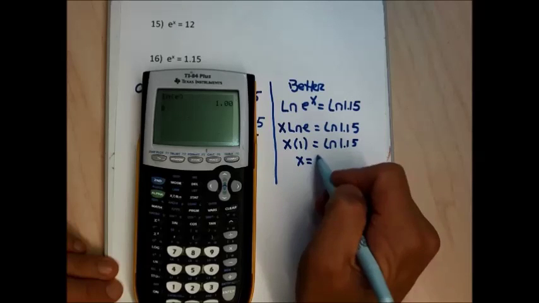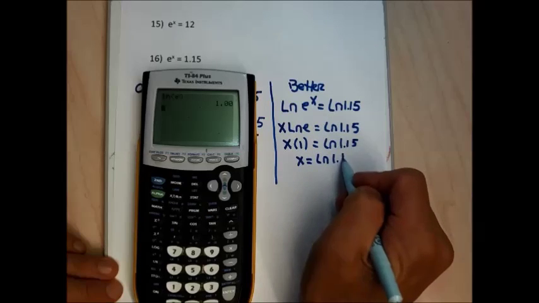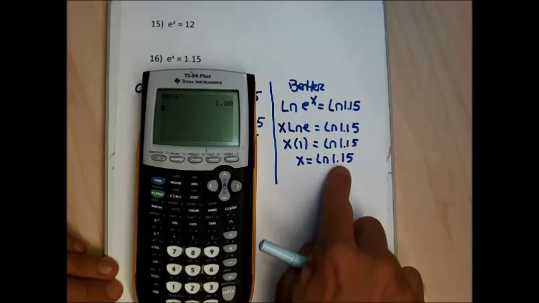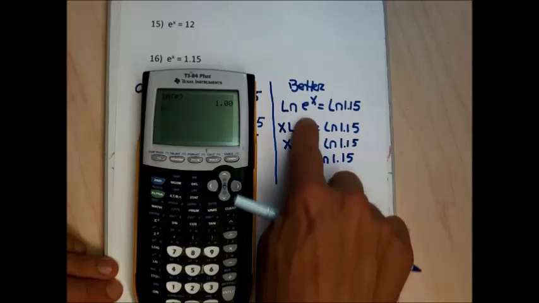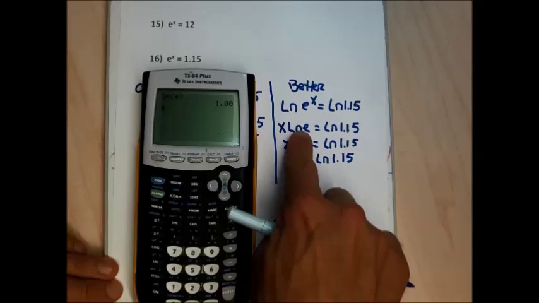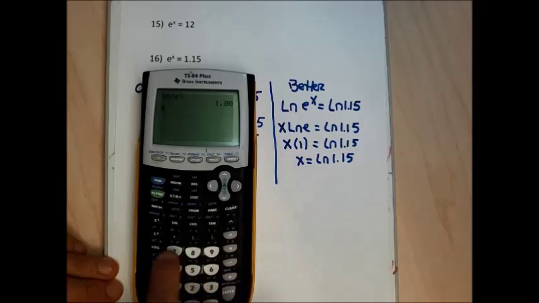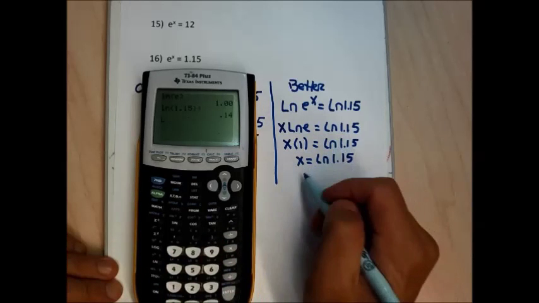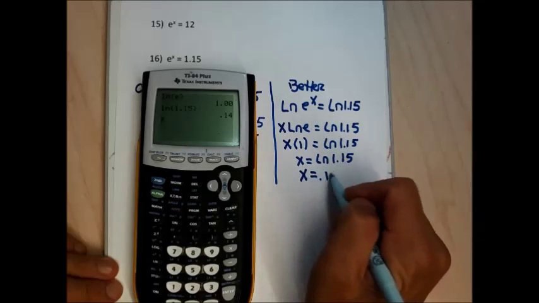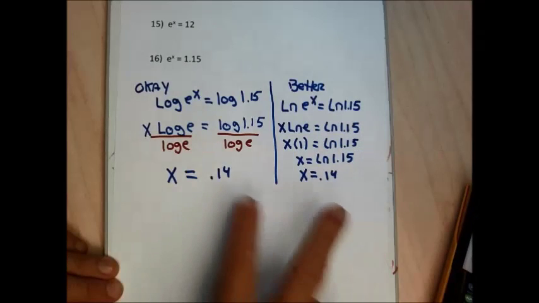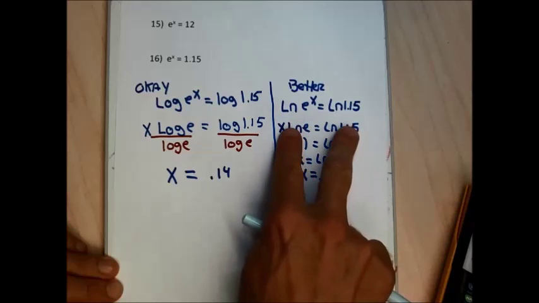And it makes it easier on my calculator to do the work because now I don't have to divide, because on the left-hand side, even without dividing, I have the x isolated. So I would just have to go ln of 1.15 on my calculator, and I'll get that same answer of 0.14. Exactly the same answer, better way to do it.